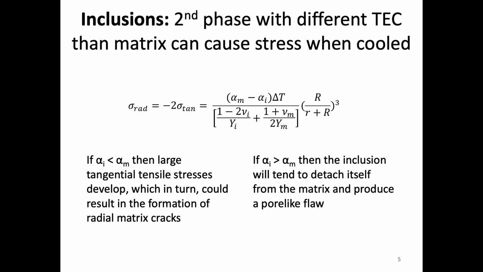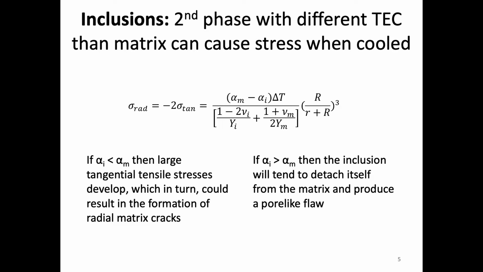So the two cases that we could have: don't worry too much about actually calculating these stresses that develop. But what I really want you to be able to see is that if my inclusion's thermal expansion coefficient is less than the matrix, what this will end up doing in this equation is have a large tangential tensile stress develop.